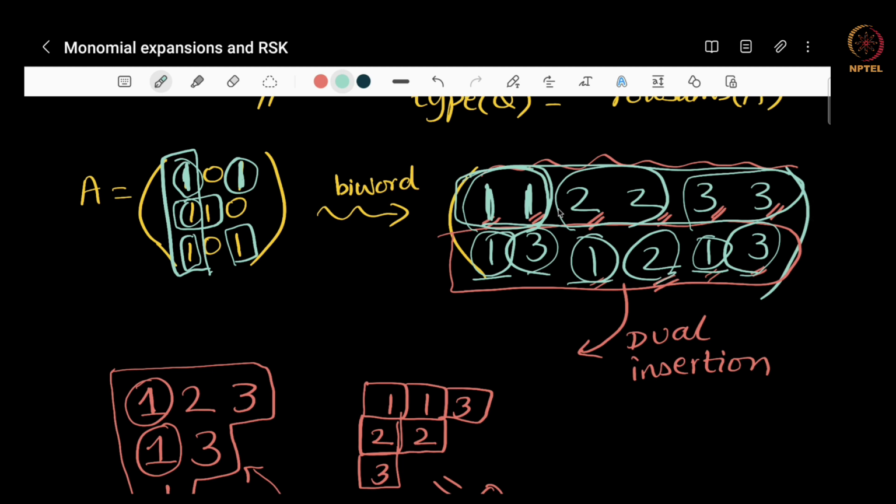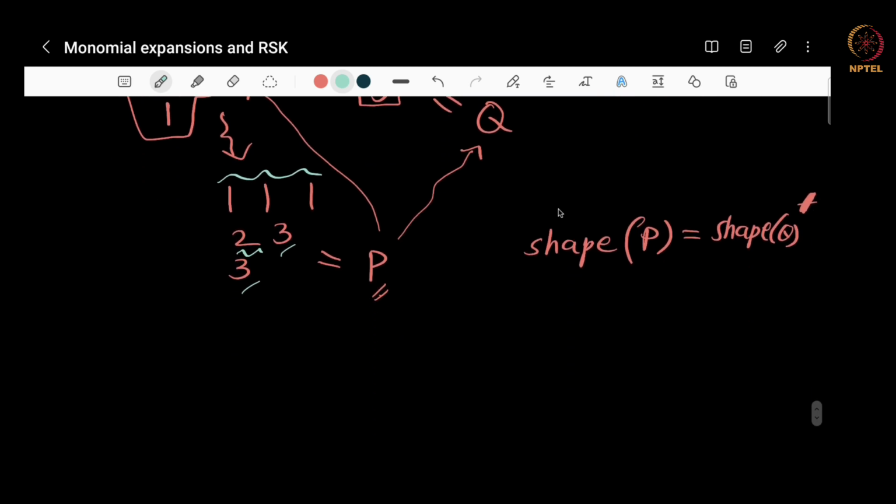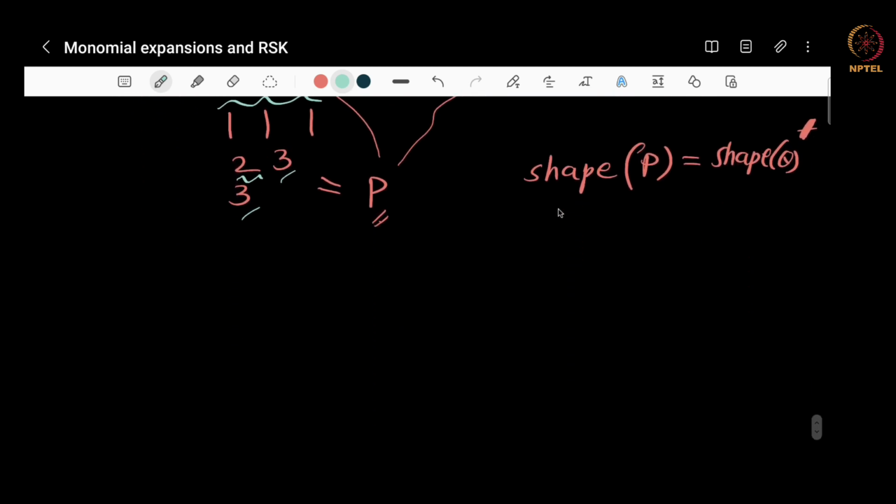Okay, so I'm just going over this fast because you've already seen this in the context of the usual RSK. Okay, good. So what the dual RSK then does is it maps a 0 1 matrix. The key point here, which I haven't said too carefully, is that only if this is a 0 1 matrix are you going to get a semi-standard tableau in this case.